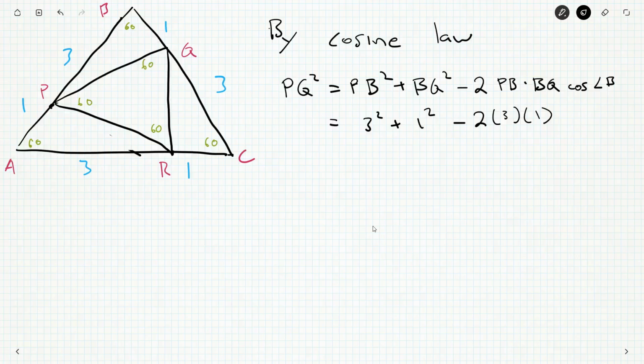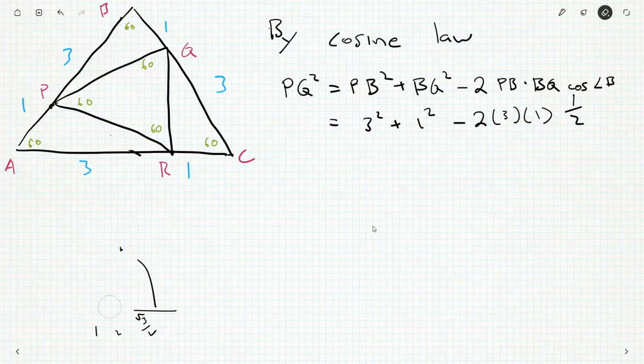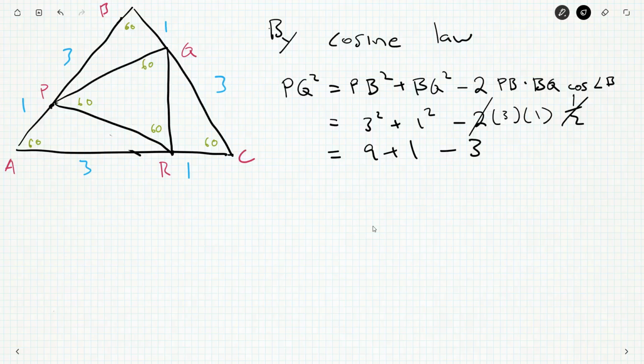Off the top of my head, cosine of 60 will be the shorter one out of 1/2 and root 3 over 2, so it'll be 1/2. So now we've got 9 plus 1 minus, well, the 2 and the 1/2 will cancel out, so minus 3. So that'll be 10 minus 3, 7. So that means that PQ is the square root of 7.